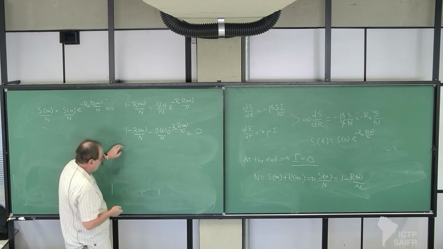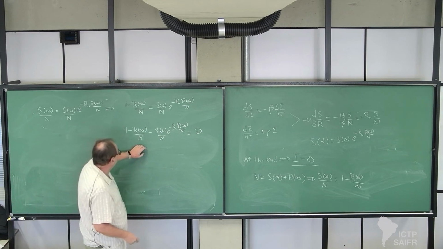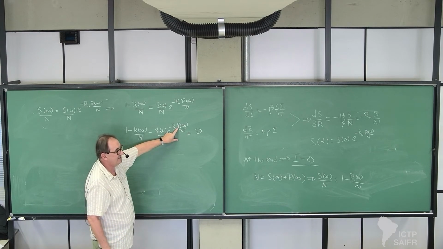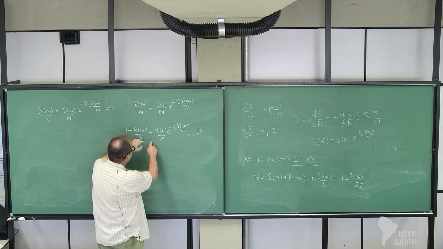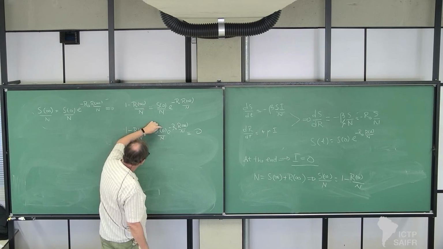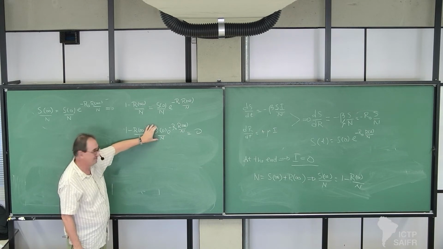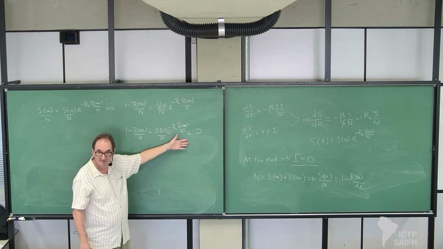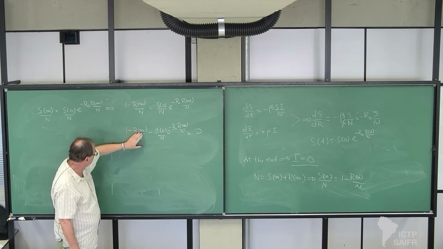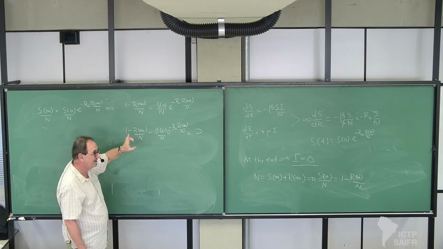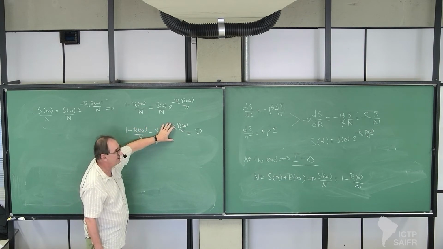And if I take R at infinity to be 0, then this gives you 1 minus S at time 0 divided by n, which is always smaller than 1, so this is positive. And at R equal to 1, this here cancels with this one, and then this term here is always negative.